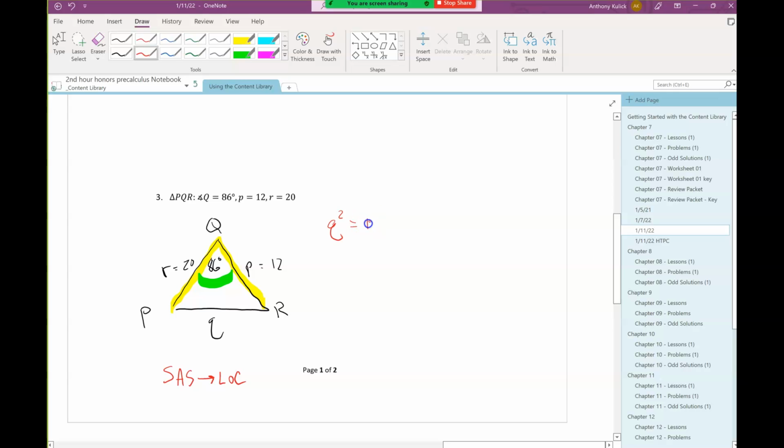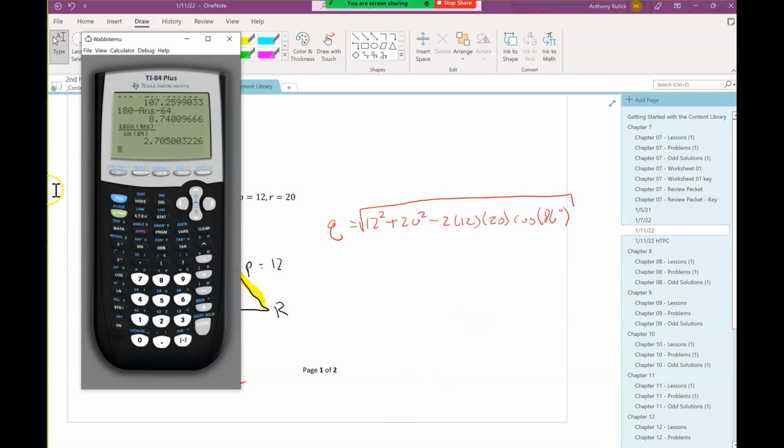So we'll say that Q squared is equal to P squared plus R squared minus 2PR times cosine of Q. But I don't want Q squared, I want Q. So I'll just square root both sides. So I'll type all that mumbo jumbo into my calculator.